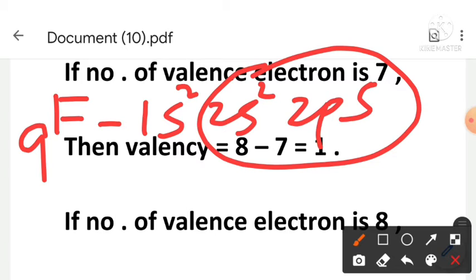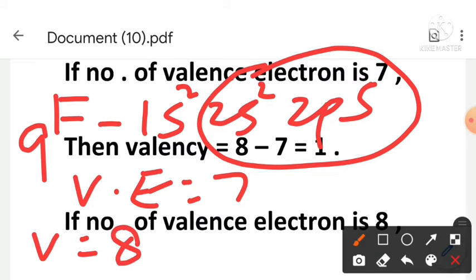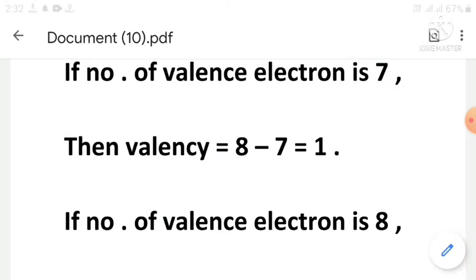So here valence electron 2 plus 5 is 7. So valency we derive by using the octet law. Valency is equal to 8 minus 7 is equal to 1. Then in this way we derive the valency of any element.